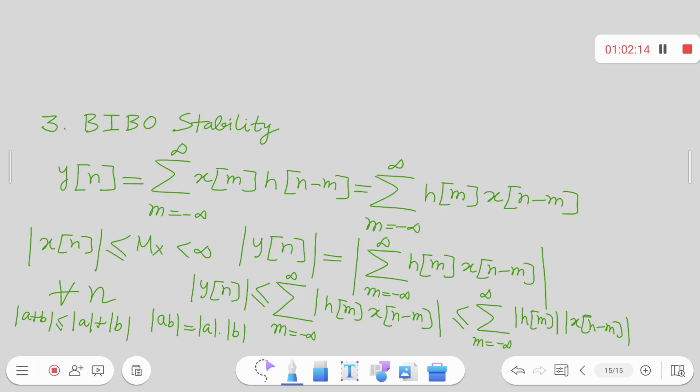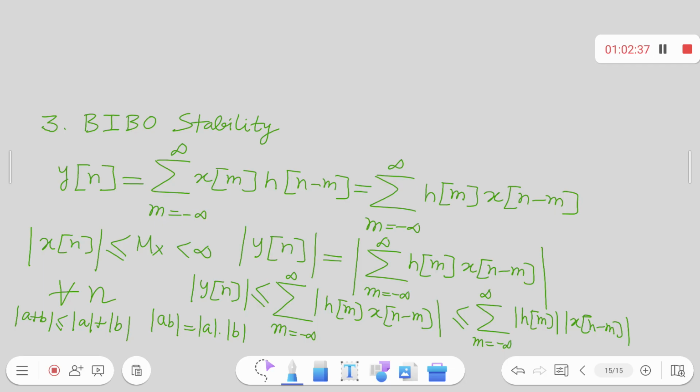And as you have already mentioned, if x of n is a bounded input, this mod of x of n minus m, or mod of x of n, whatever it may be, is always less than or equal to mx.